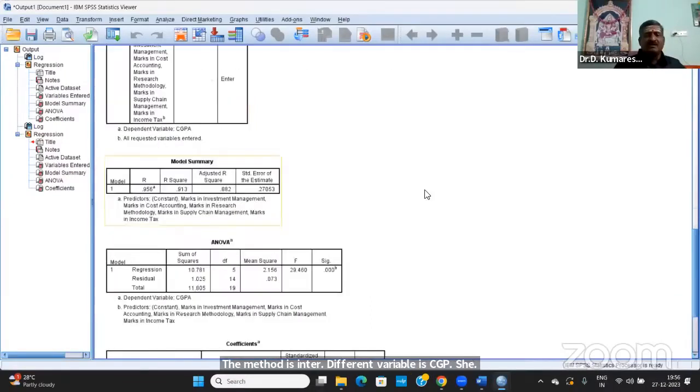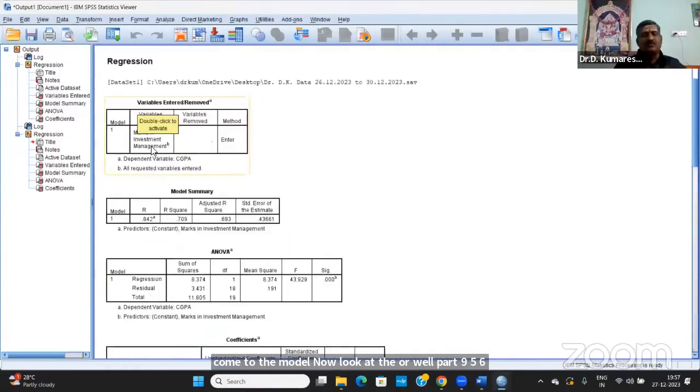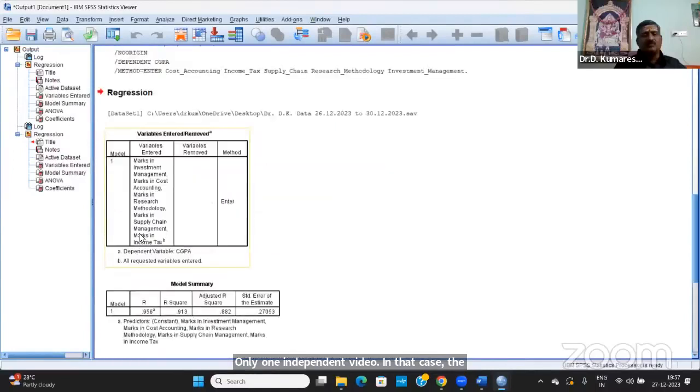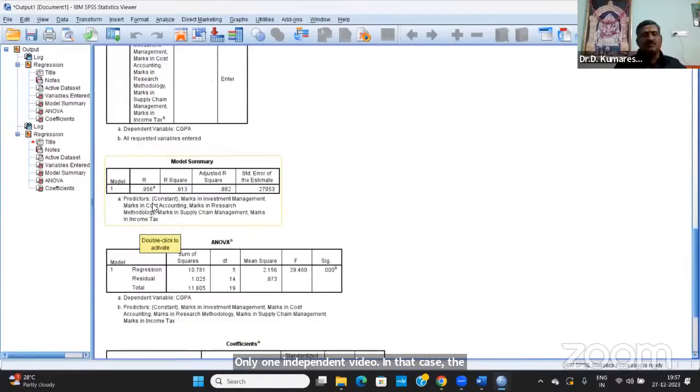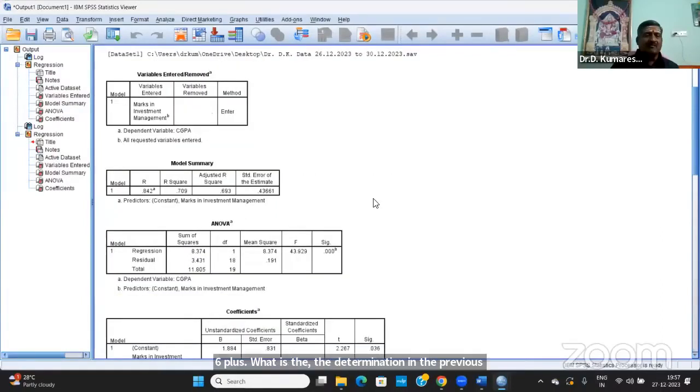Now come to the model summary. Now look at the R value, 0.956. Earlier we had only one independent variable. In that case, the relationship was 84.2%, but here it is 95.6%. What is the coefficient of determination in the previous case? 0.709.